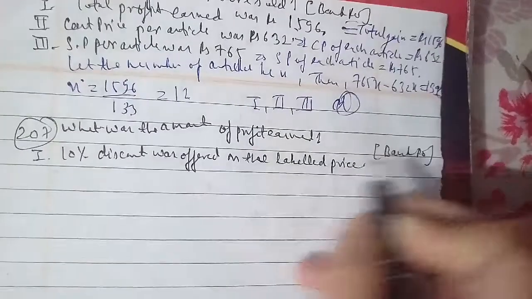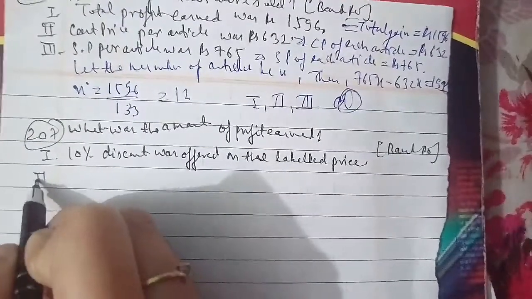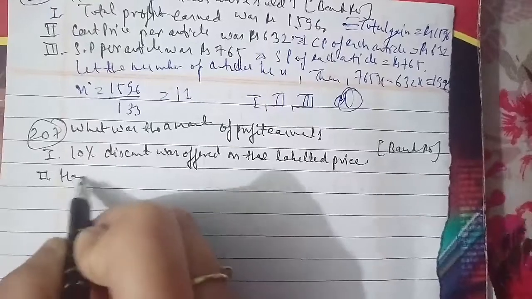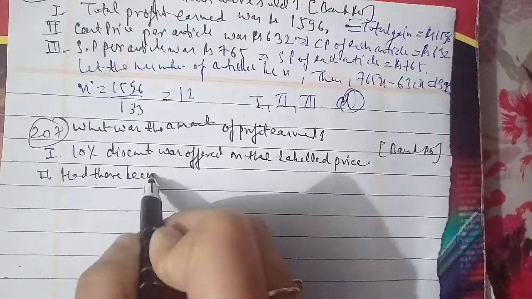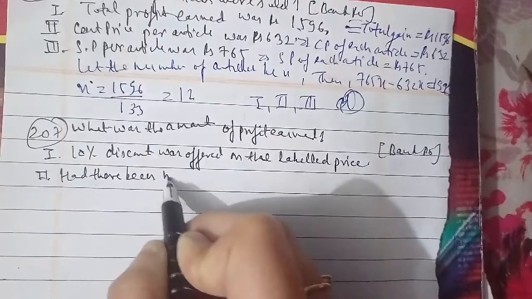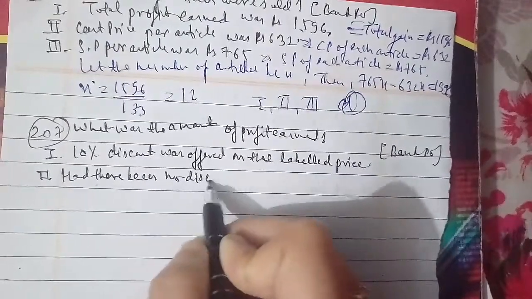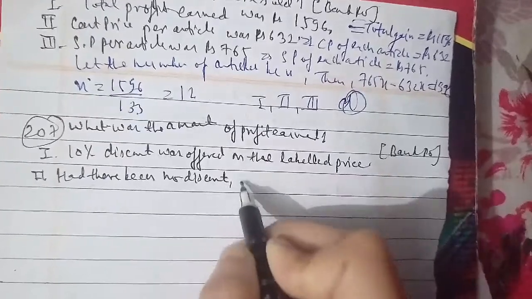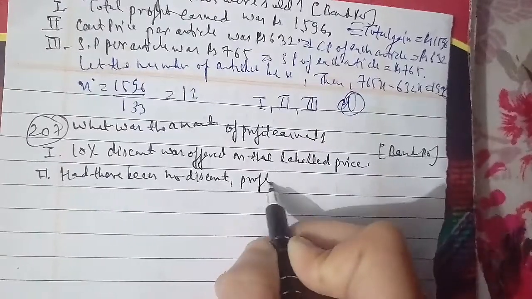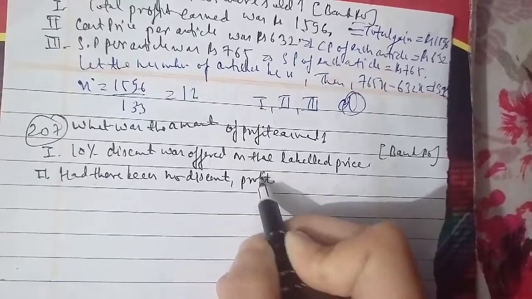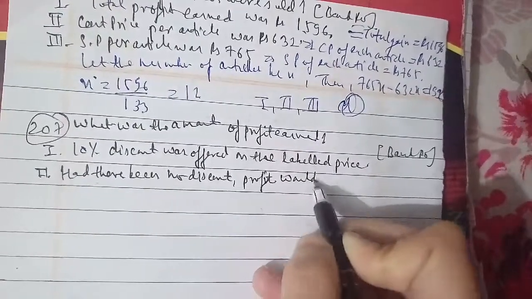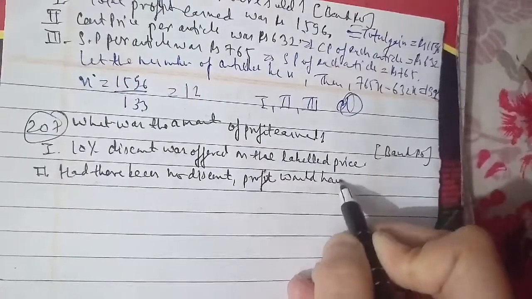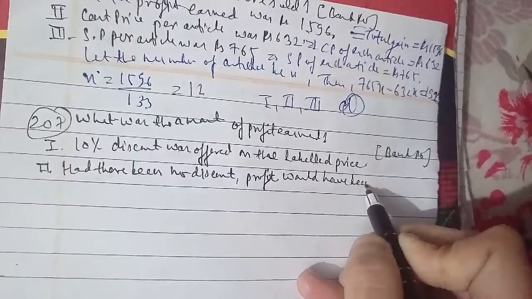For the second we have: had there been no discounts, profit would have been 30%.